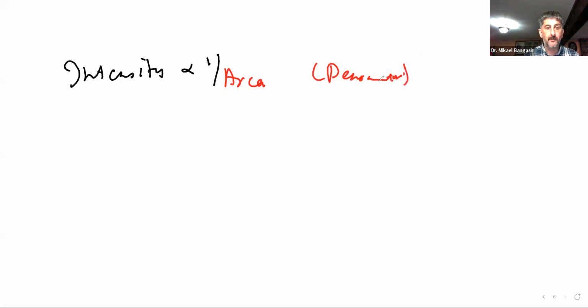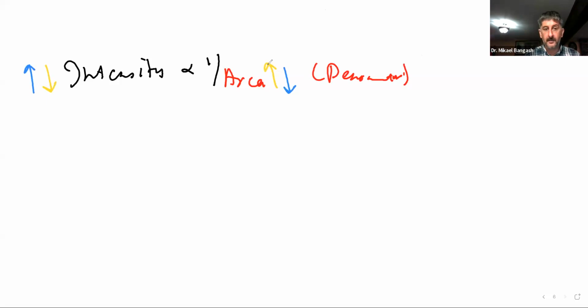Now they are going to be inversely proportional, which means that an increase in area is going to decrease your intensity. Or vice versa. A decrease in the area is going to increase the intensity.